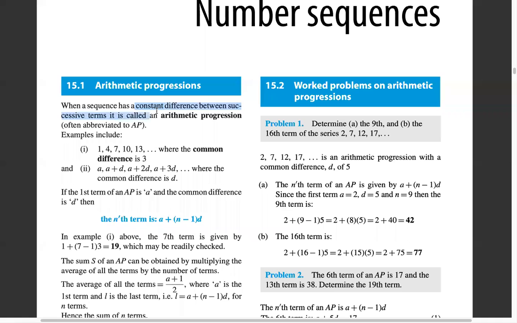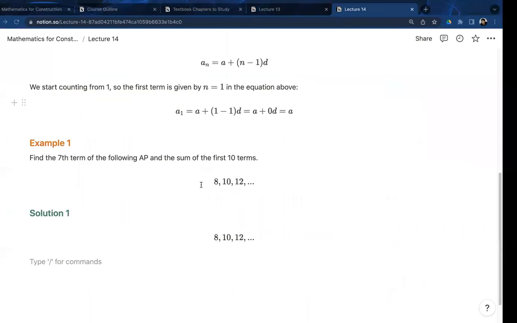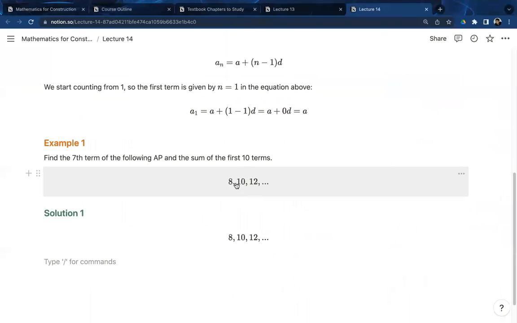And all you need is 3 terms. The difference between the first 2 is the same as the difference between the second 2. Now be careful with the order you subtract them. It's usually the one after minus the one before. So 10 minus 8 is the same as 12 minus 10. The order is important.